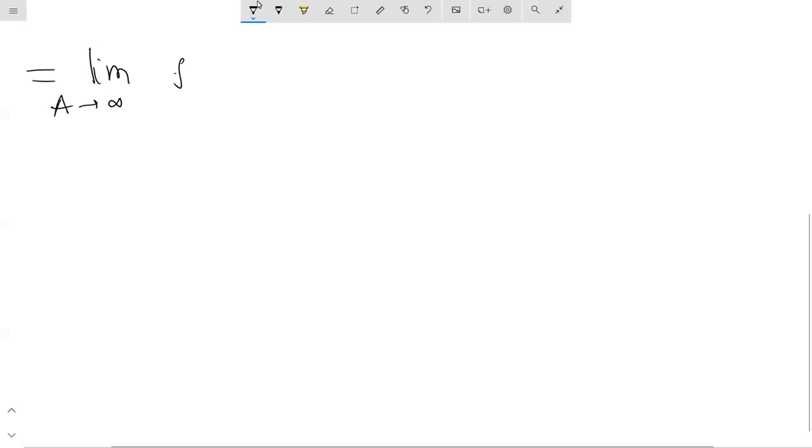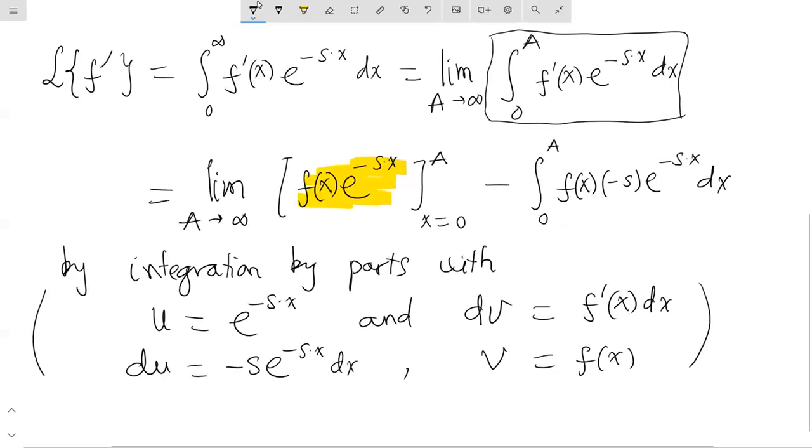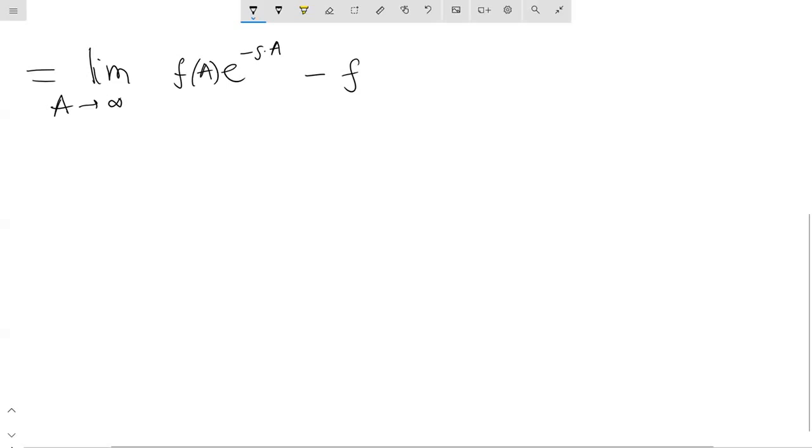When we plug x equal to a, we have f of a e to the minus s times a. We plug x equal to 0, we have f of 0 e to the 0, which is just 1. So we have f of 0.